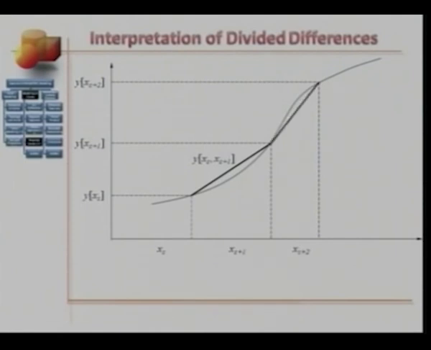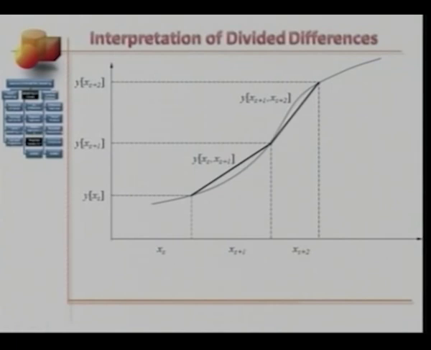Likewise, we can do something very similar for the second and the third data point. The slope here is given by ys plus 2 minus ys plus 1 over xs plus 2 minus xs plus 1. And that is represented using our convention by y of xs plus 1, xs plus 2. So these are all local slopes represented by the first divided difference.